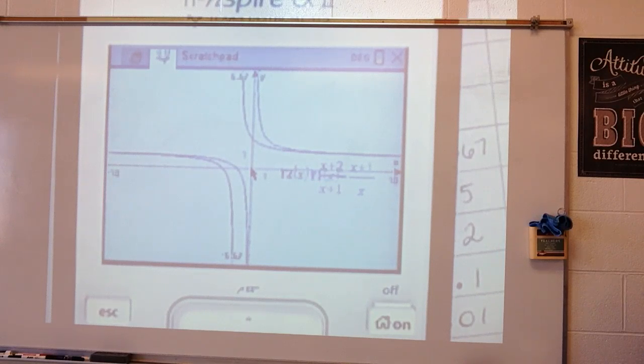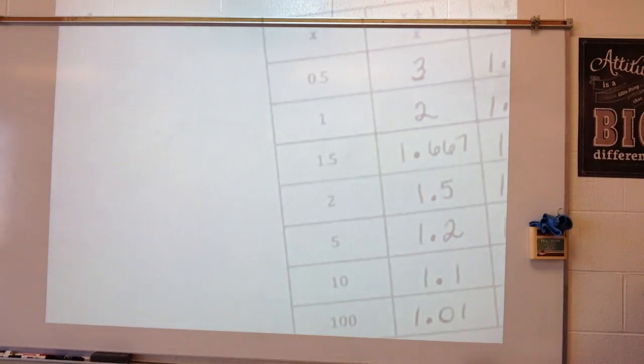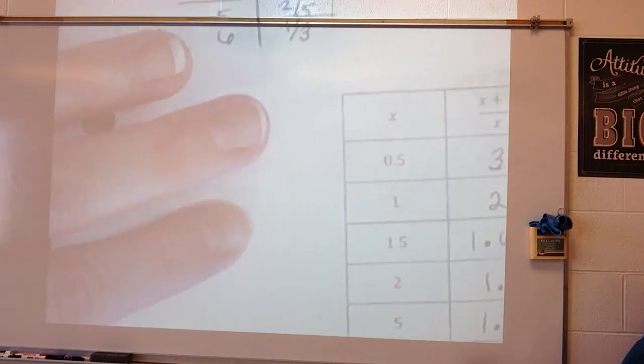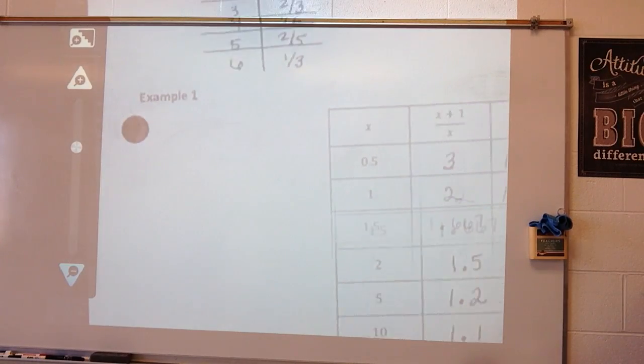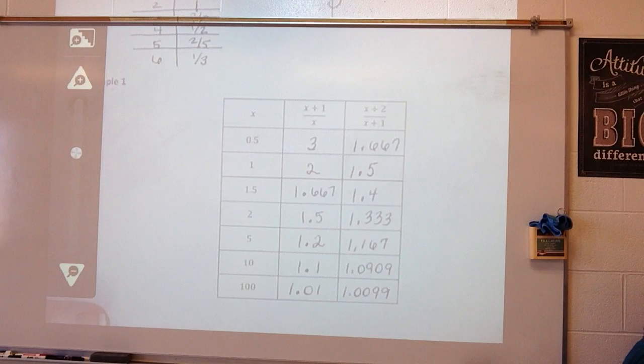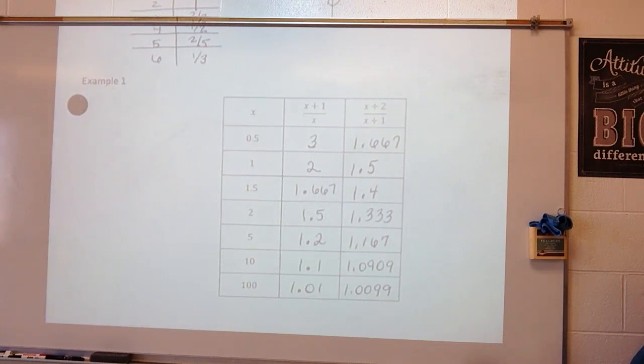So, what will I need to do in order to compare these? If I actually want to compare these, what would I do? Because I cannot say that (x plus 1) over x is greater than (x plus 2) over (x plus 1), because my graph even shows that they get very, very close. And they may eventually overlap.